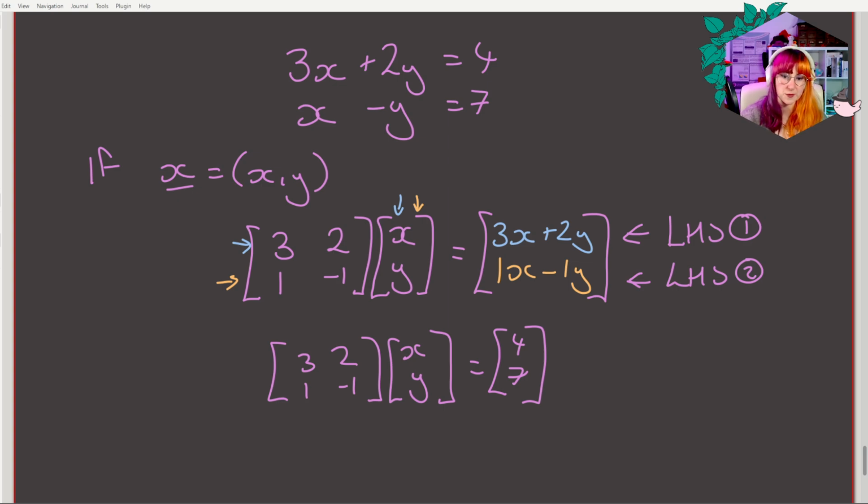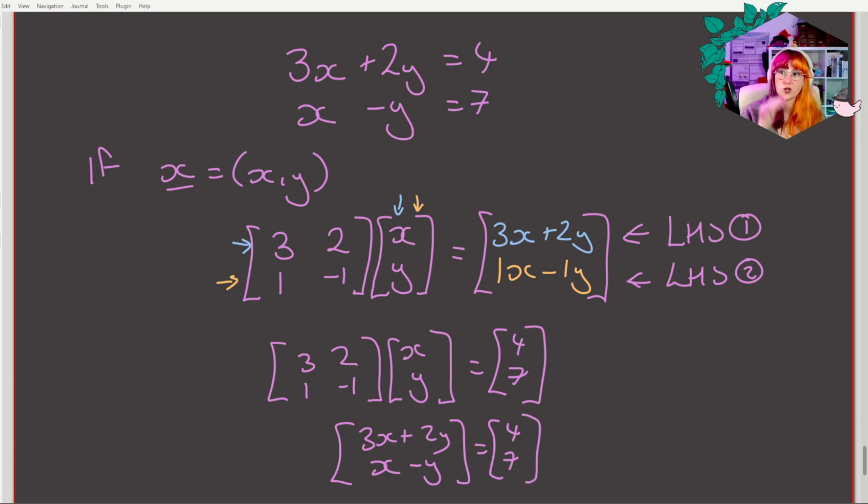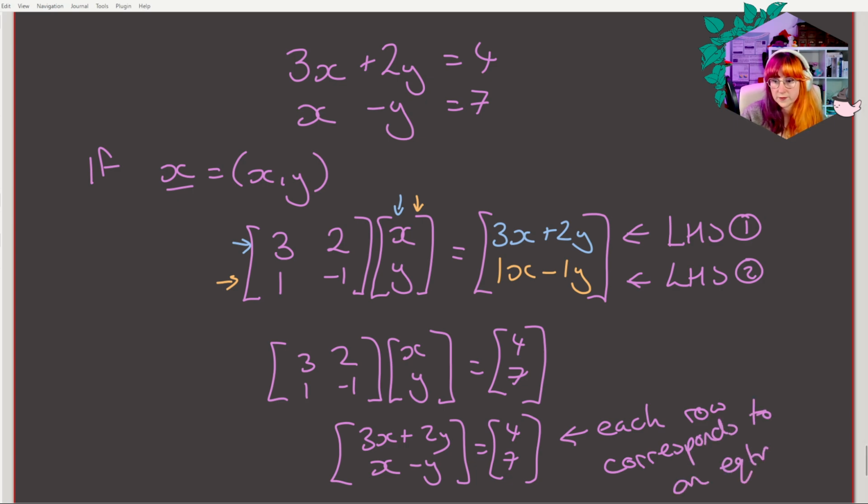Doing this matrix multiplication would give me (3x plus 2y, x minus y) equals (4, 7). I've just written it out in columns, so each row corresponds to an equation.